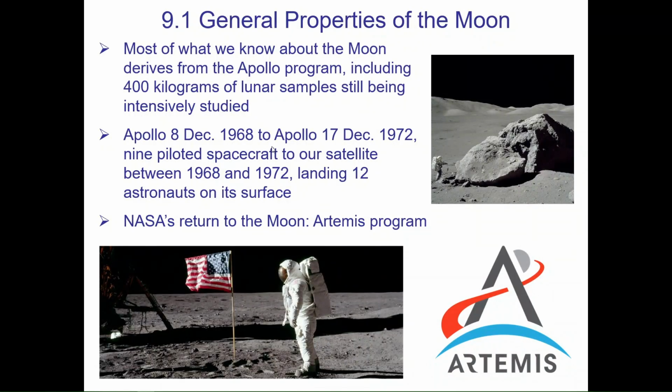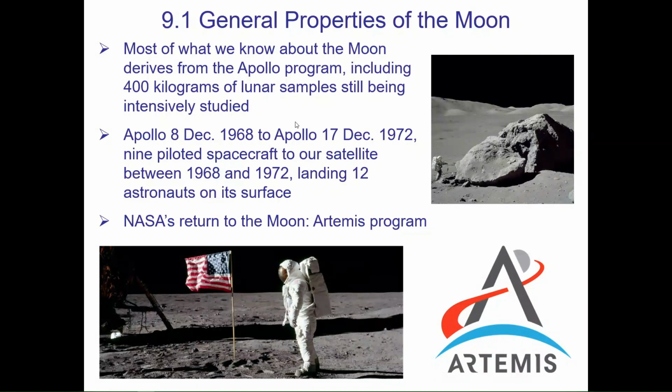The Apollo program started in 1968 from Apollo 8, which started to orbit around the moon, to Apollo 11, where you may have heard about the first human step on the moon, and all the way to Apollo 17, in December 1972, which was the last human step on the moon. And the program actually ended after Apollo 17.